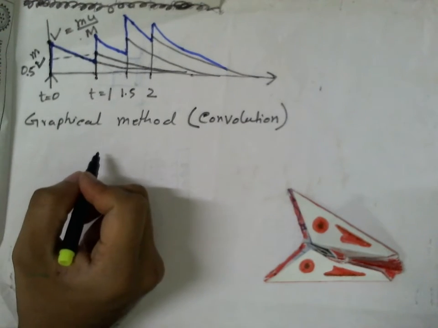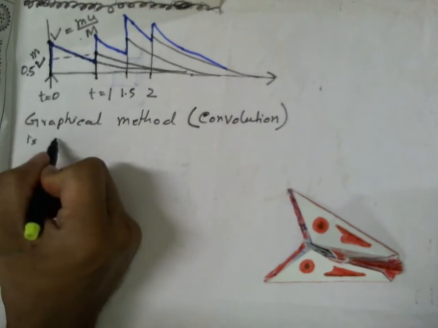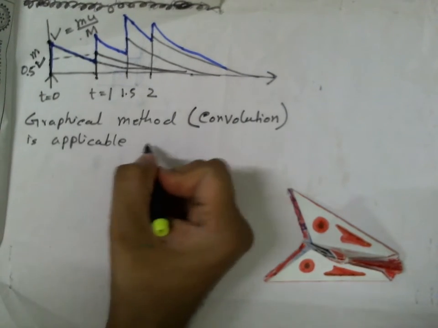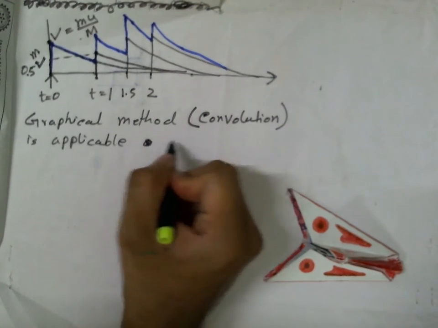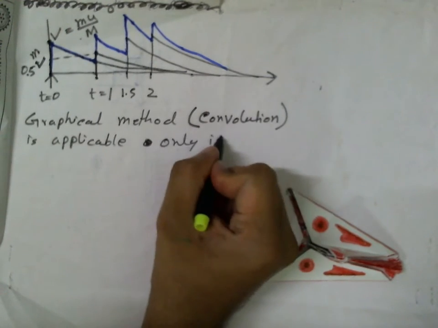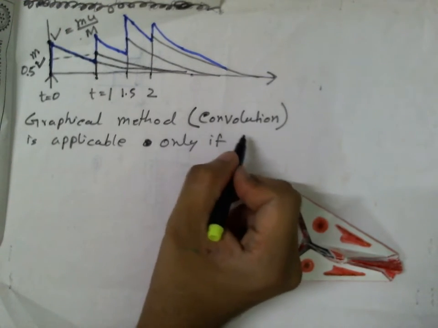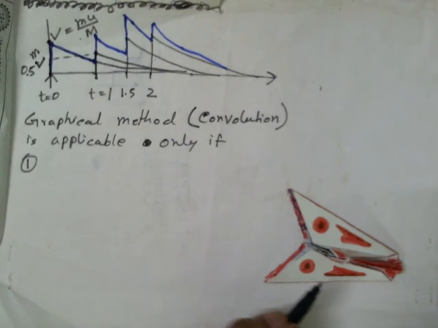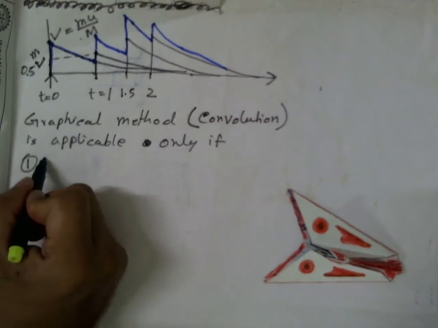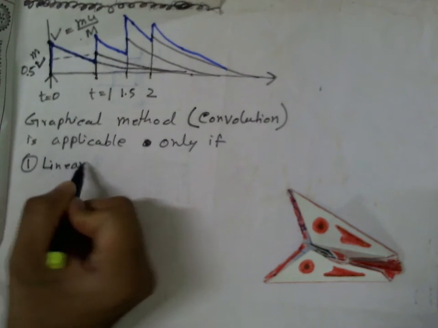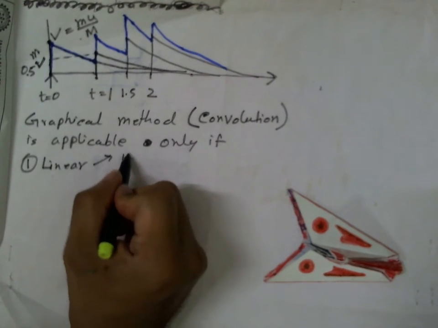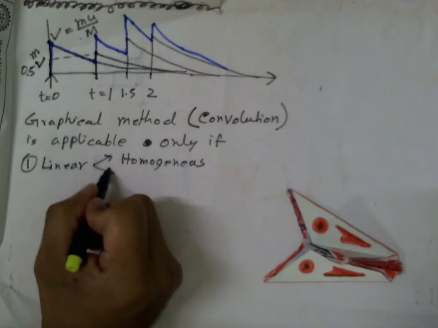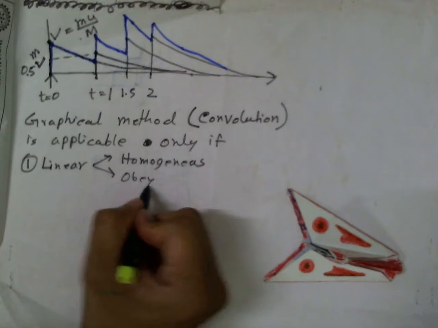Okay, this method of convolution is applicable or valid only if the rocket satisfies certain properties. Which are they? Number one, the rocket should be linear, which means it should be homogeneous and it should obey superposition.